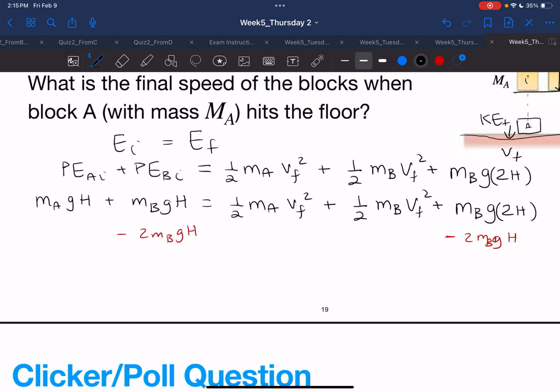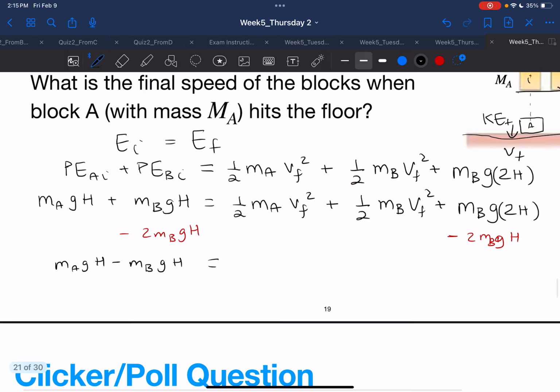And that leaves us with mA g h minus mB g h. On the right-hand side, I'll go ahead and factor out a 1/2 V final squared from both of these terms. So we have 1/2 (mA plus mB) V final squared.